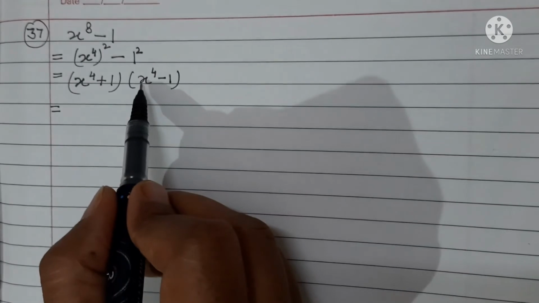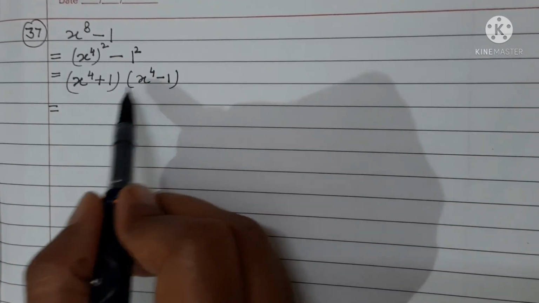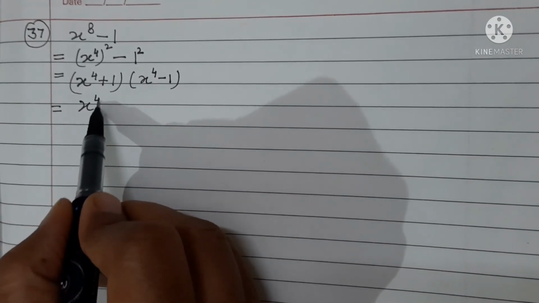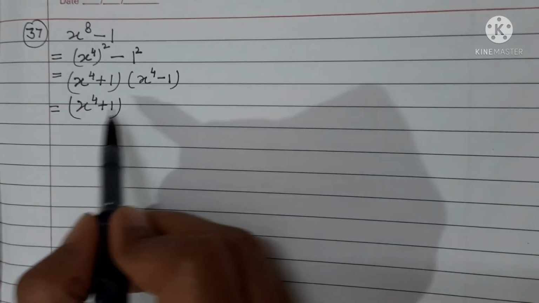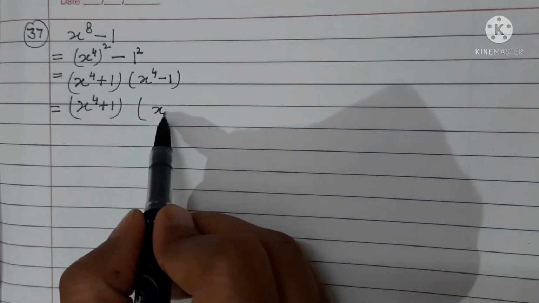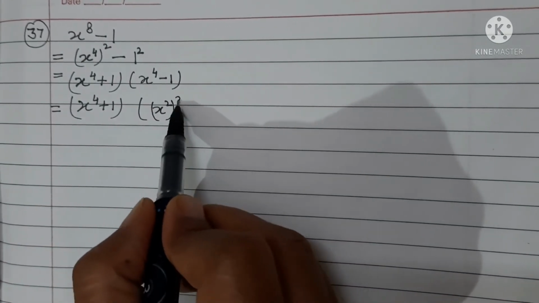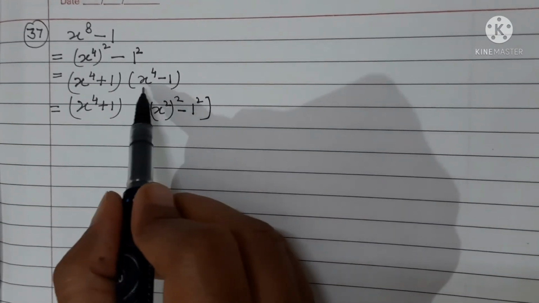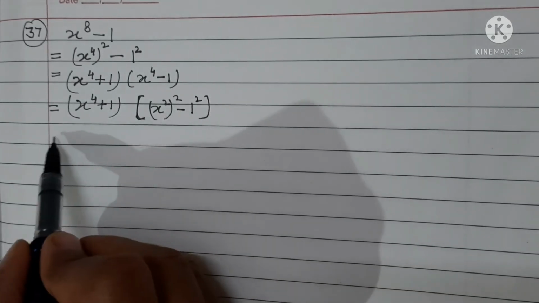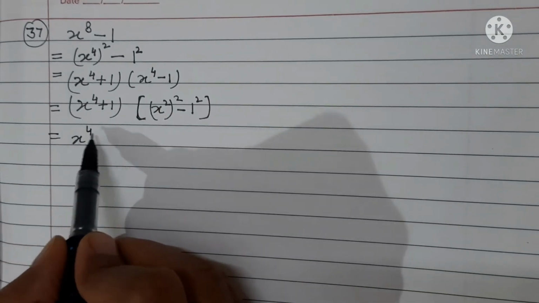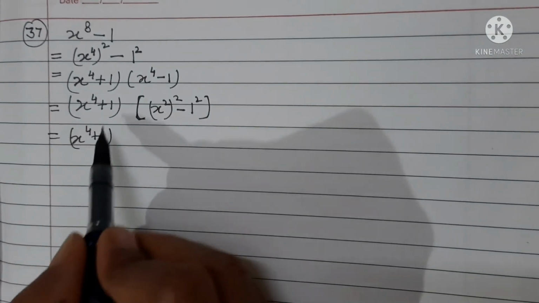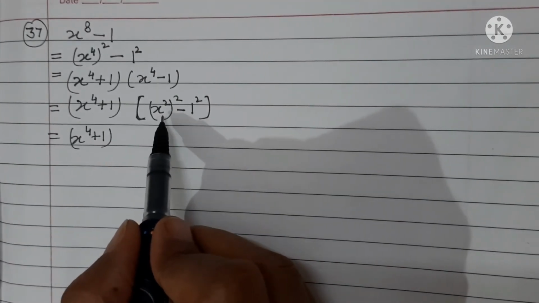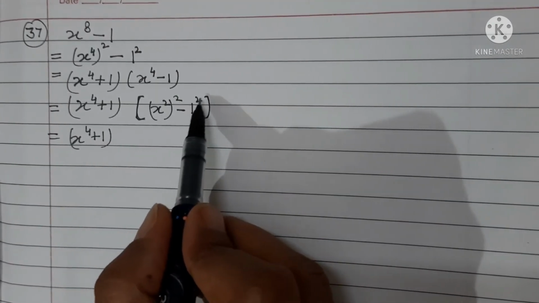Again we will use the identity in this factor. So here x to the power of 4 plus 1, and you can write x square and square minus 1 square in this form, this expression. Open this, x to the power of 4 plus 1 as it is, and here a square minus b square.